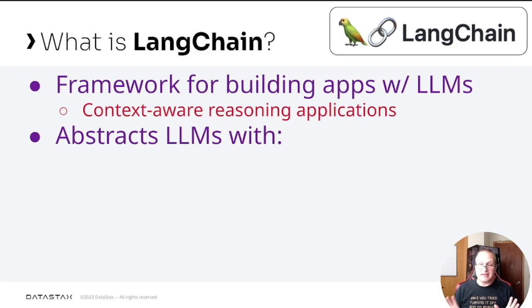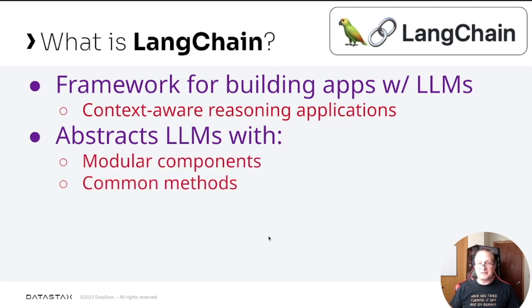So the big thing that LangChain does is it helps abstract a lot of the tedious configuration and tuning and a lot of the more difficult aspects of working with an LLM.